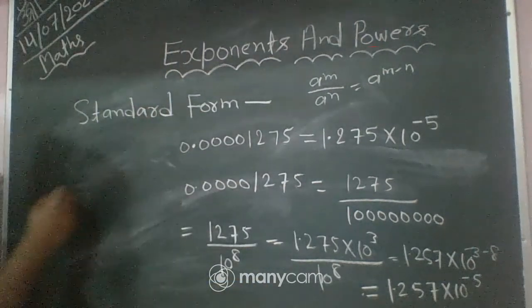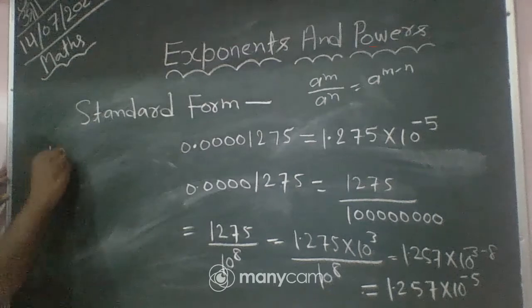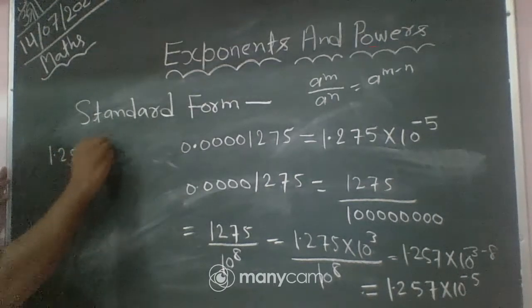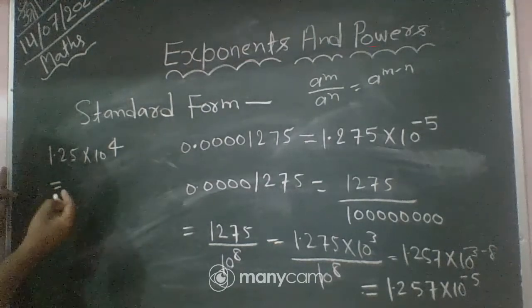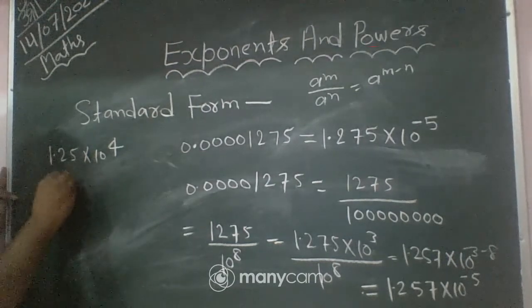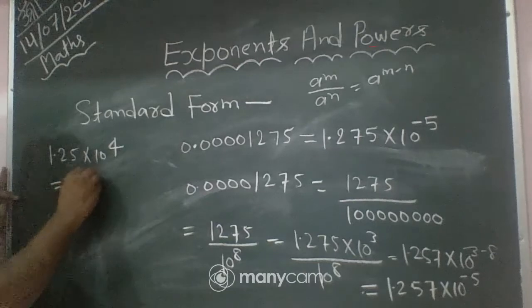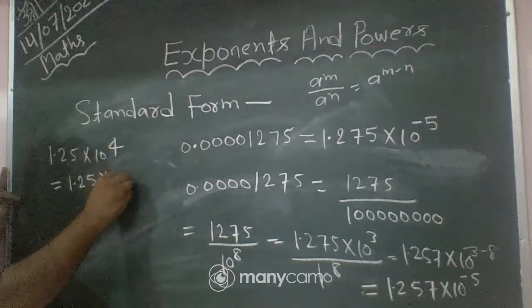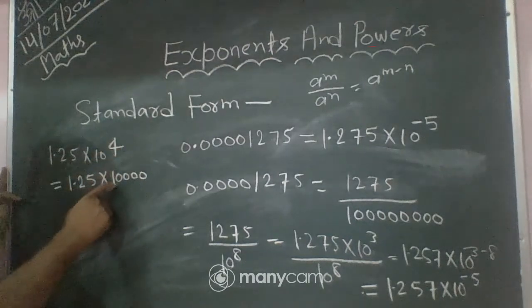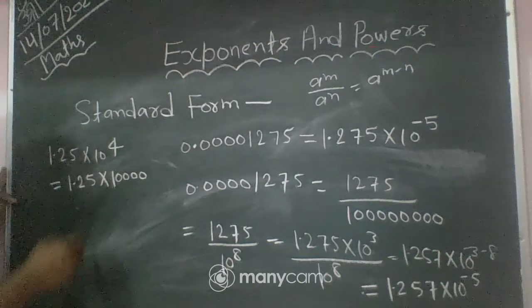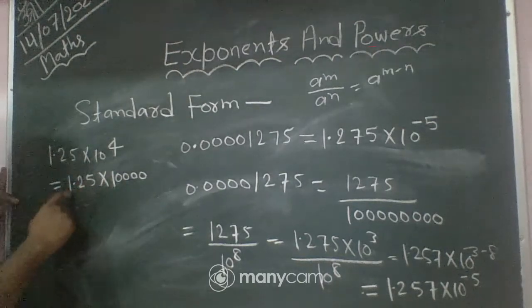Suppose here 1.25 into 10 power 4. This is a standard form. So we write it in usual form. How do we write it in usual form? We write 1.25 into 1 followed by 4 zeros, as the power is 4. So we multiply 1.25 into 10,000. This becomes 125 followed by how many zeros? 4 zeros: 1, 2, 3, 4.